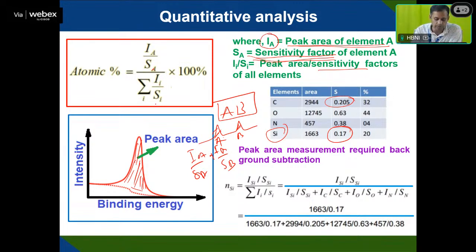Multiplying by 100, you get the atomic percent.